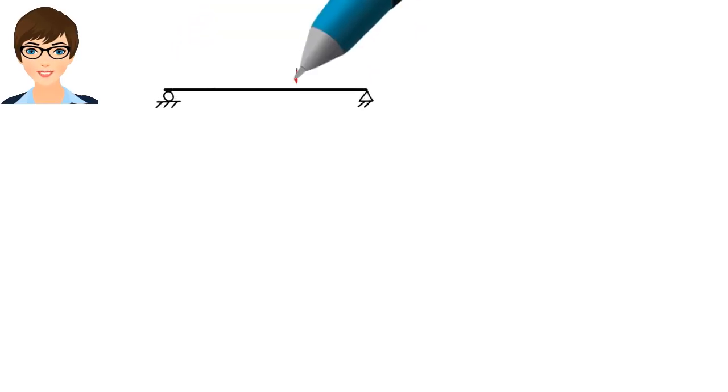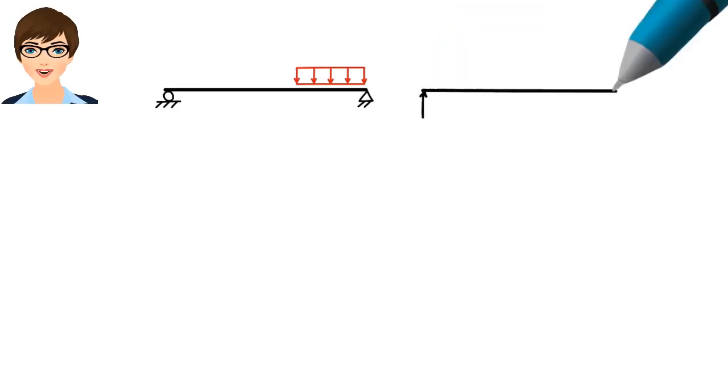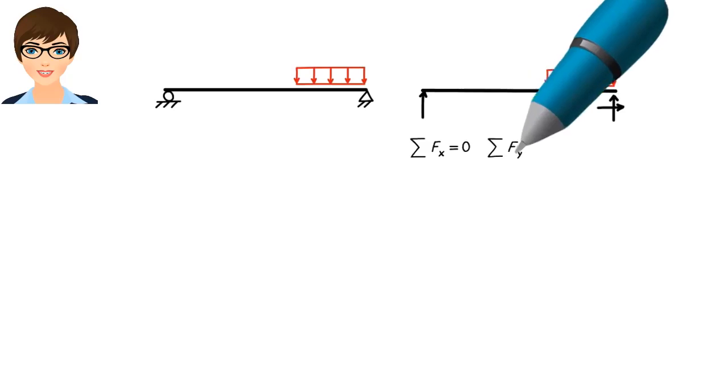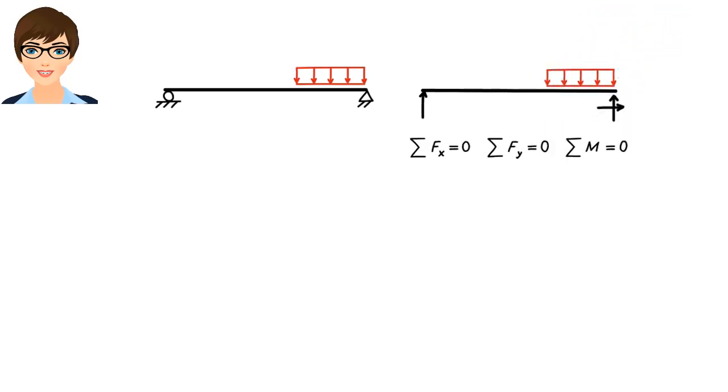According to this principle, if a structure is in equilibrium, then not only must the equilibrium equations be satisfied for the structure as a whole, but they also must be satisfied for any of its parts. Suppose we have a simply supported beam with 3 support reactions. Then the beam would be in equilibrium if the following equilibrium equations can be satisfied.